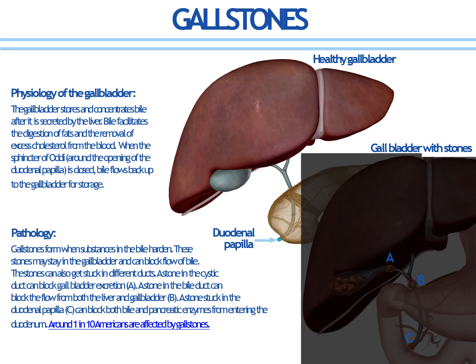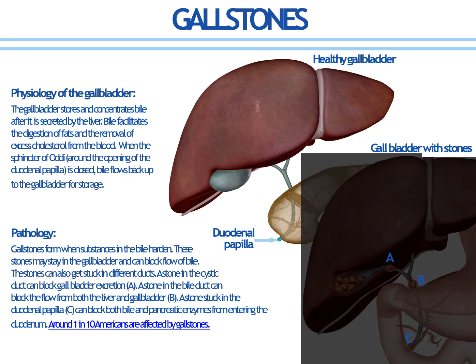Gallstones is the next common pathology that we will consider. The physiology of the gallbladder. The gallbladder stores and concentrates bile after it is secreted by the liver. Bile facilitates the digestion of fats and the removal of excess cholesterol from the blood.